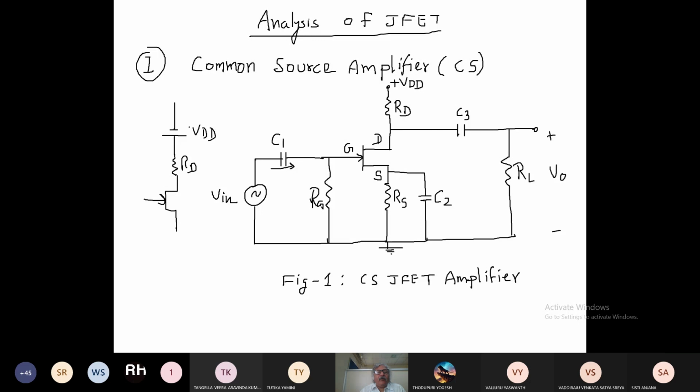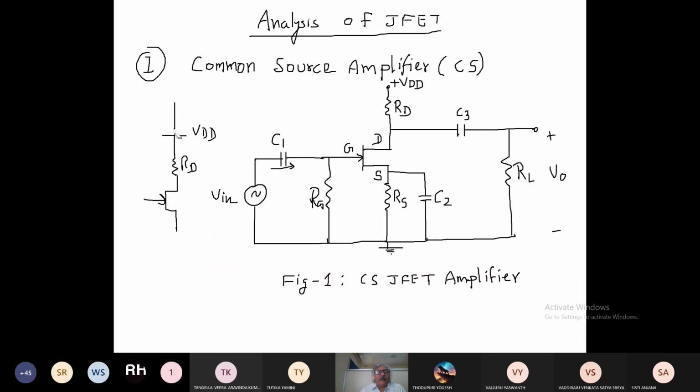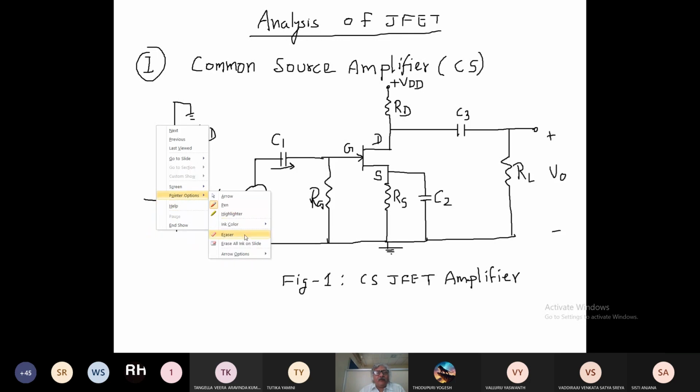So make it short. Making it short means connecting it to the ground. You connect this to ground. Right, so this we have to do.